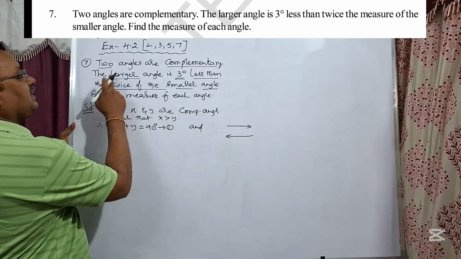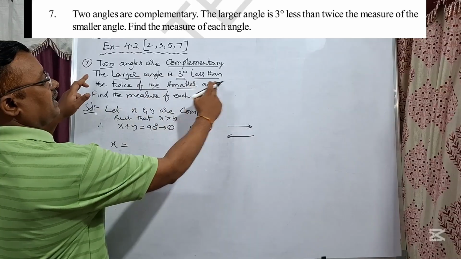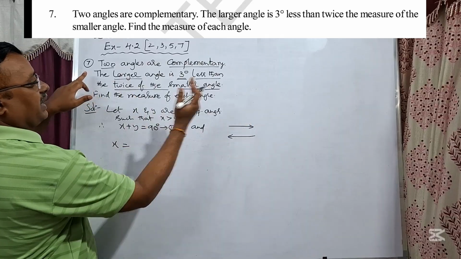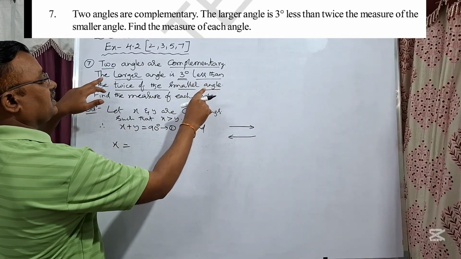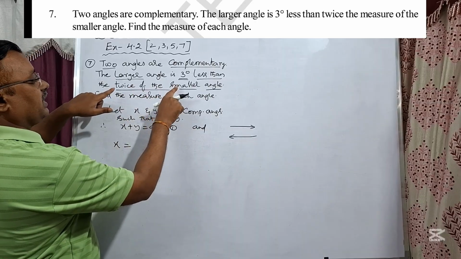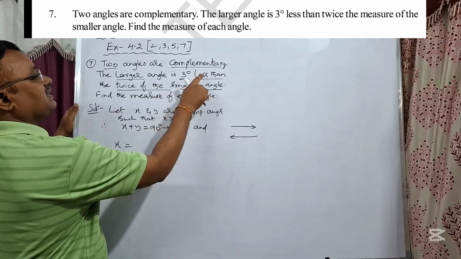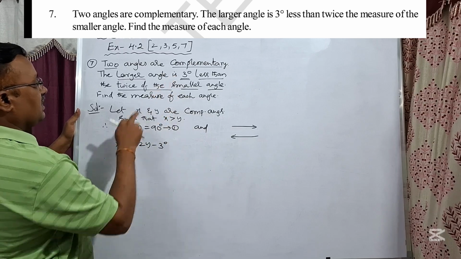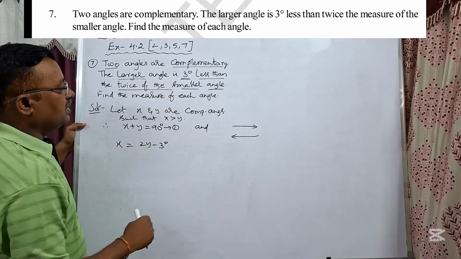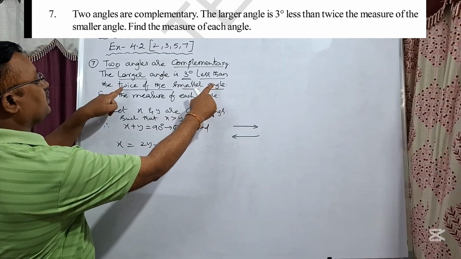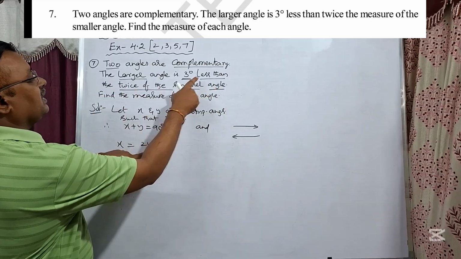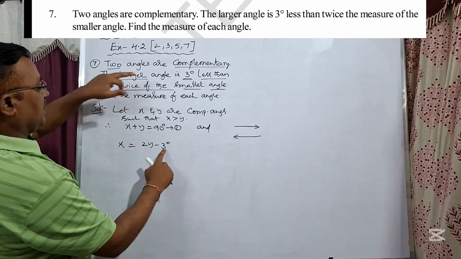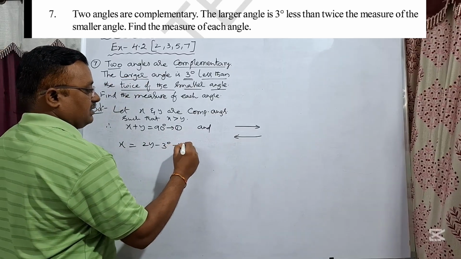So for the mathematical equation, come back in the reverse order. Smaller angle is y. Twice the smaller angle is 2y. 3 degrees less than that is 2y minus 3 degrees, which is the larger angle. Understood? This is equation 2.